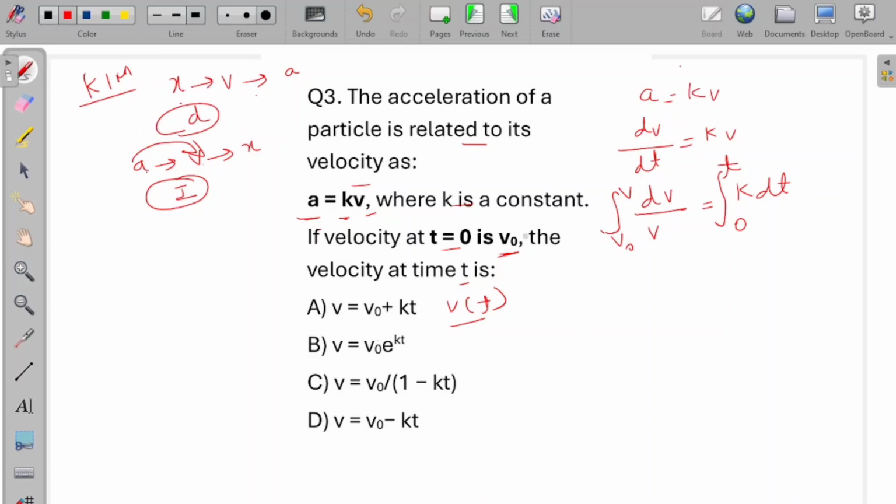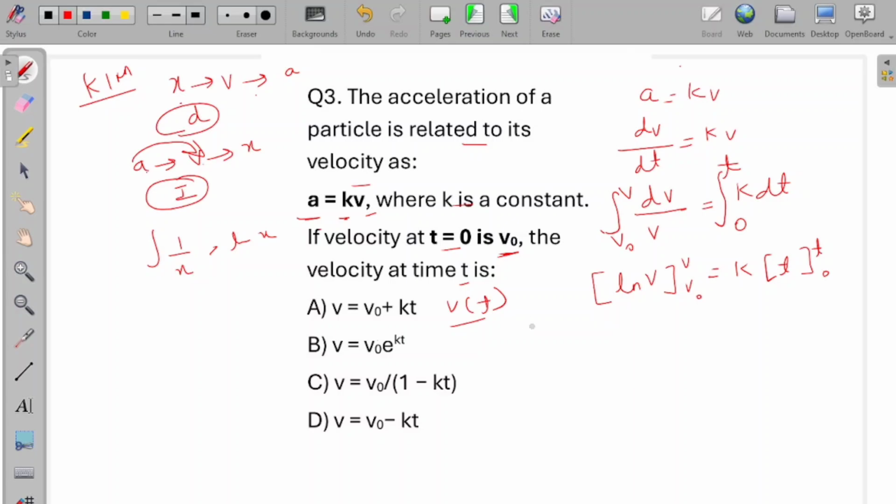So we know that the log function is the answer for this. If you know integration, then you would know that integration of 1 upon x is log x, right? So here dv upon v will give us natural log v, integrated from v naught to v, and this will give us kt integrated from 0 to t, right?